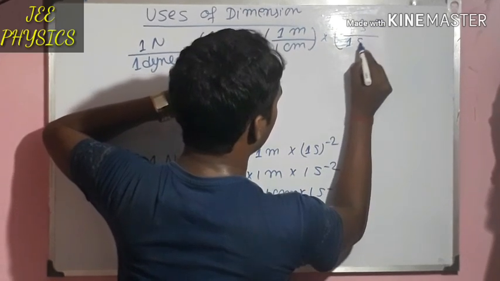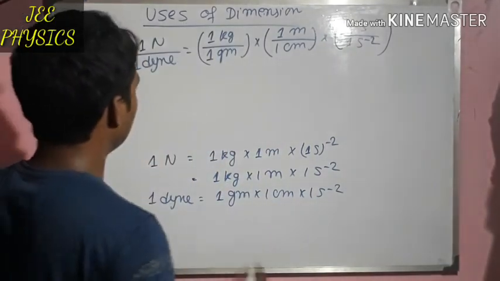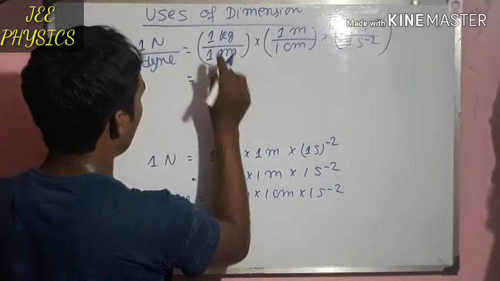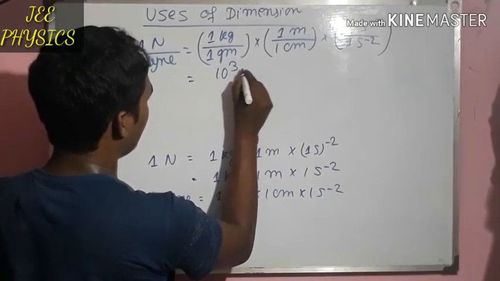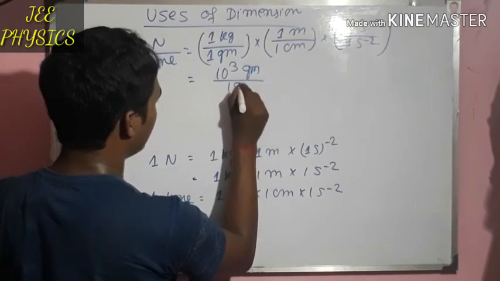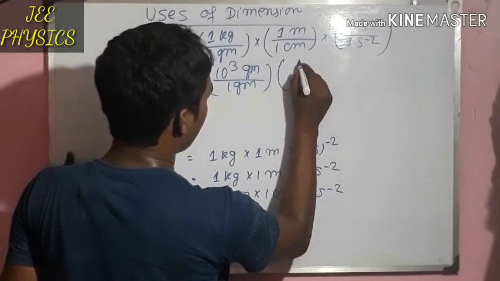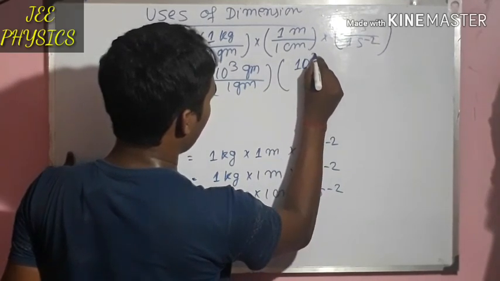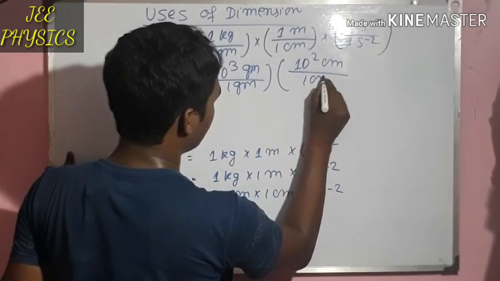This becomes 1. It is equal to 1 kilogram equal to 10 to the power 3 gram by 1 gram, and 1 meter equal to 10 to the power 2 centimeter by 1 centimeter.